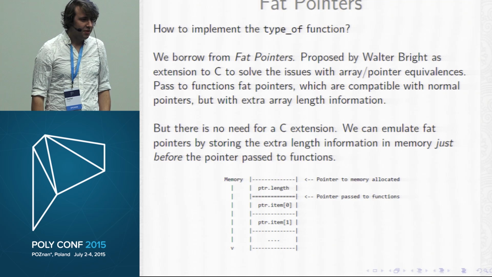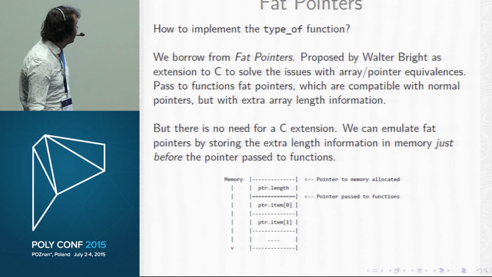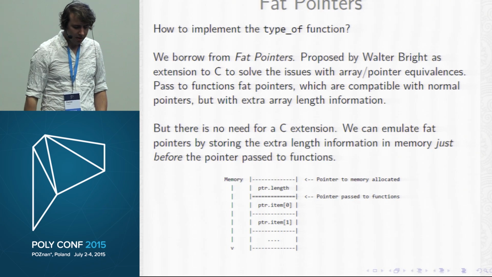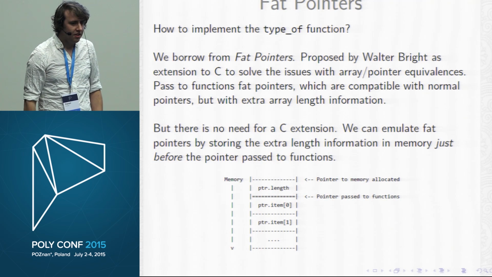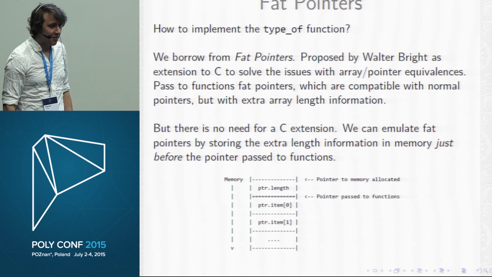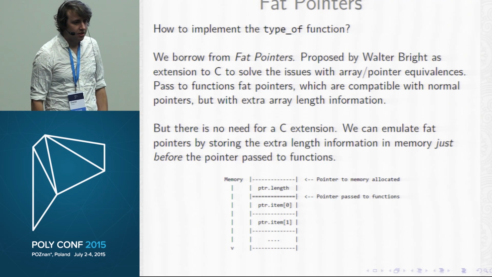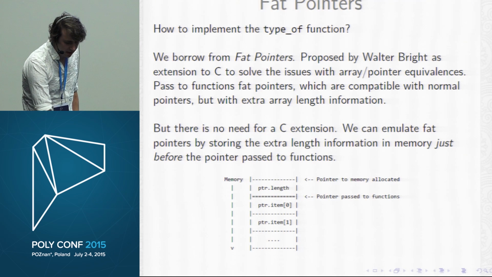If you need the length, you just step back in memory one and access it. Otherwise, you just pass around the pointer as normal. This is actually used by more than just me. The author of Redis has a strings library which uses this exact trick. So it's quite interesting.